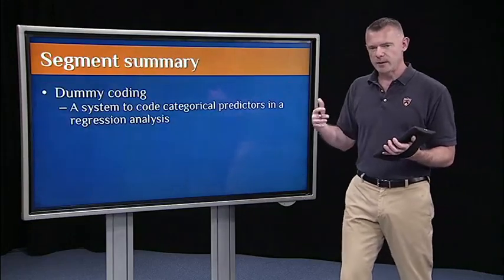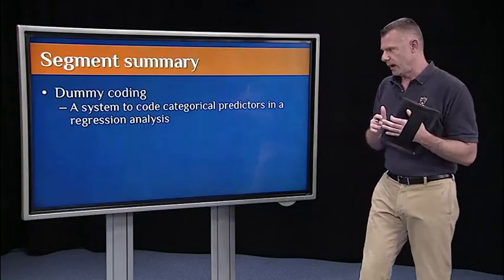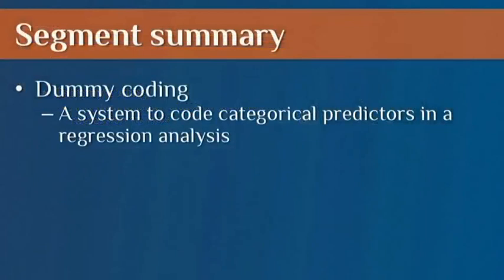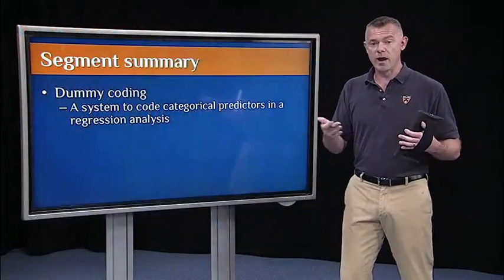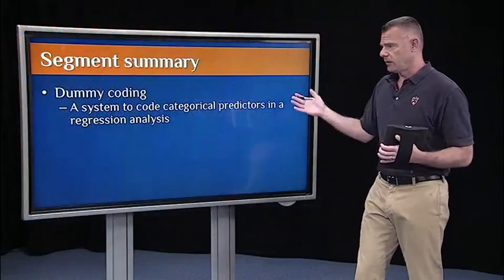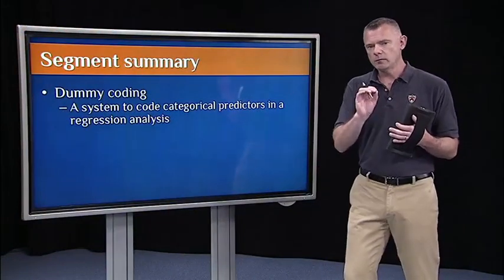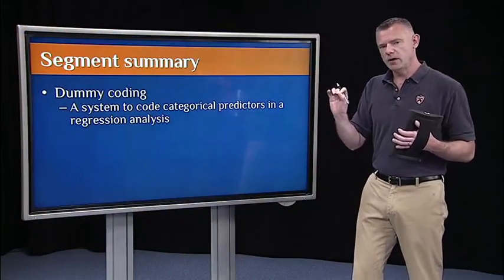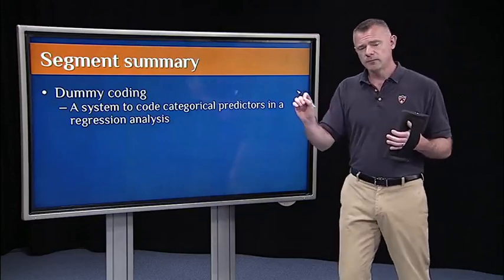So to wrap this up, it's, again, conceptually really simple. You have categorical variables that are nominal, so you can't throw them into the GLM or into the LM function in R because they're string variables. So you have to make them numeric in some way, and the classic way of doing that is called dummy coding, where you just pick one level of your independent variable or your categorical variable and make it the reference group.